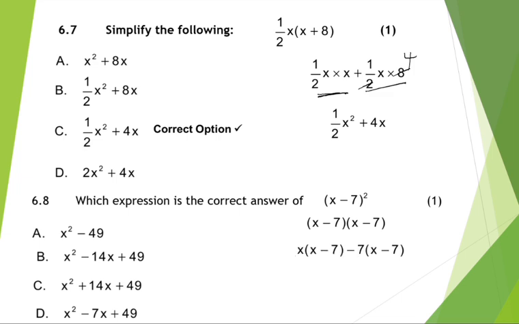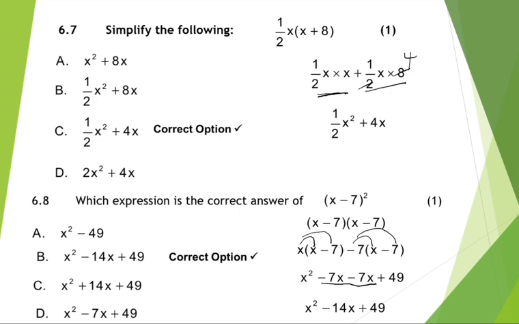Then x is multiplying x minus 7, and minus 7 is multiplying x minus 7. Likewise, we distribute. When we distribute, that gives us x squared minus 7x minus 7x plus 49. Like terms here. Then x squared minus 14x plus 49. The correct answer is B.